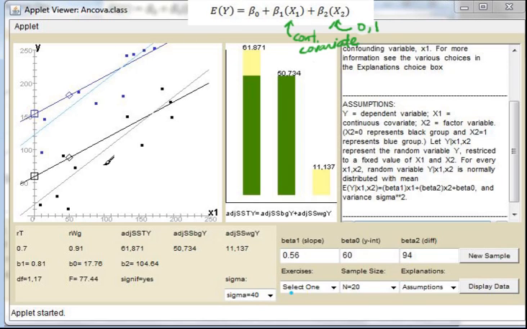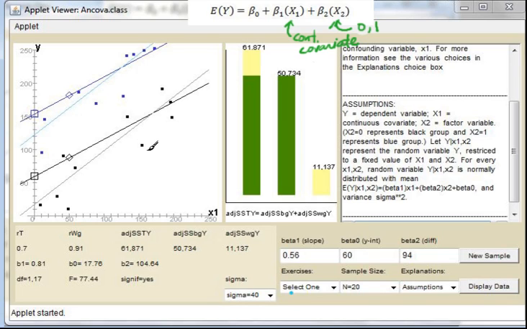All right, let's take a look at this left-hand graph over here. We have y along the vertical axis and we have x1 along the horizontal axis. Now, we have sample points represented by the black and the blue points.